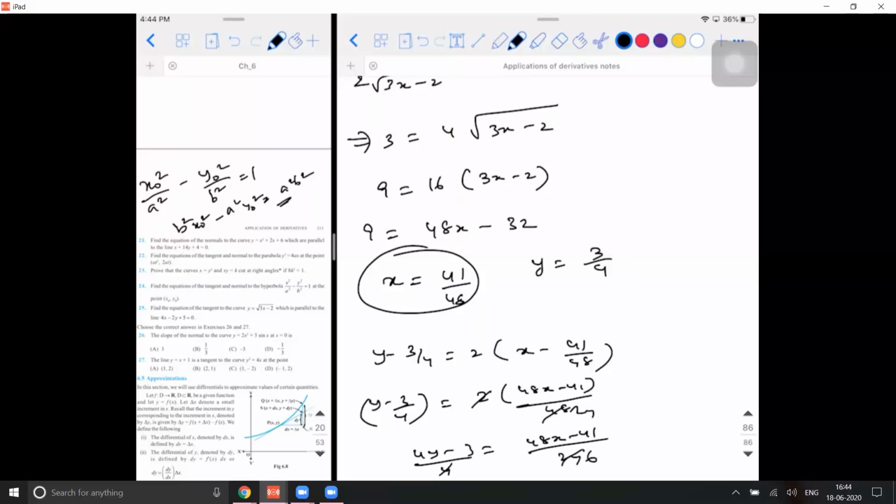So what is the answer? 24y minus 18 is equal to 48x minus 41. So 48x minus 24y plus 23.